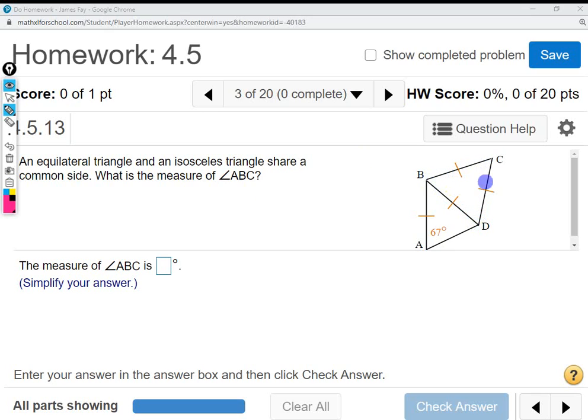So if I'm looking at that one there, what kind of triangle is that? Equilateral. And if it's equilateral, we had a corollary that said it is also isosceles, but furthermore, to tell me something about the angles, it's equiangular. So if it's equiangular, that means they're all the same angle, right? So they all have to be 60 degrees.